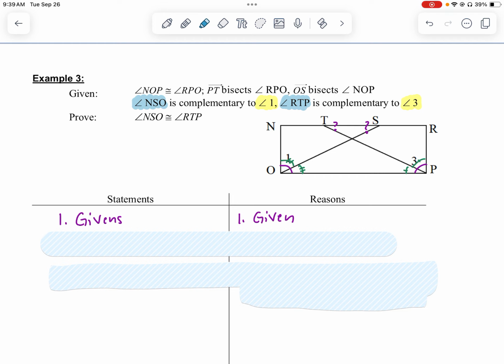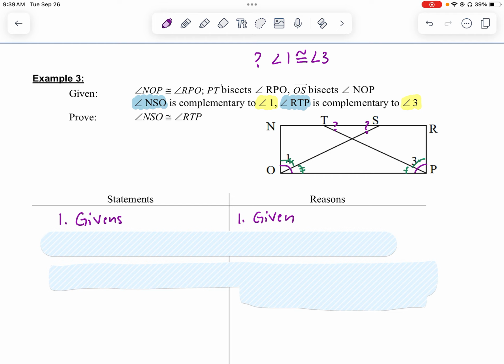It says if we're complementary to, well, these aren't complementary to the same angle. And currently, I don't know anything about angle 1 and angle 3. But as a plan, if I could show angle 1 and 3 were congruent, NSO and RTP would be complementary to congruent angles. So now I've got a new goal. Is it possible for me to prove angle 1 congruent to angle 3?